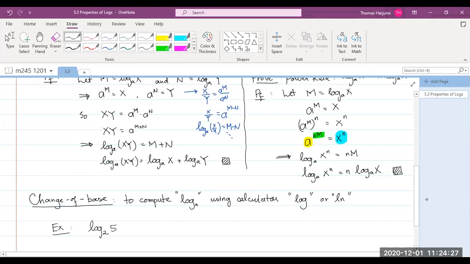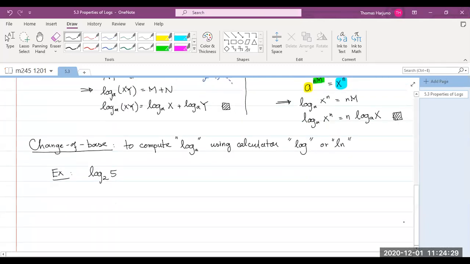Now, if you look at your calculator, you don't have base 2. No base 2 log in most calculators. So how do we do this? Then we change the base.